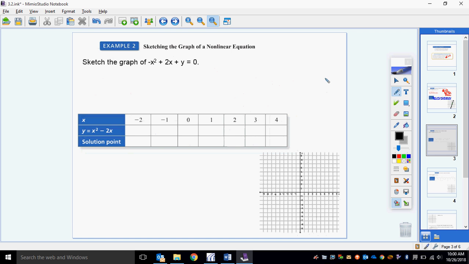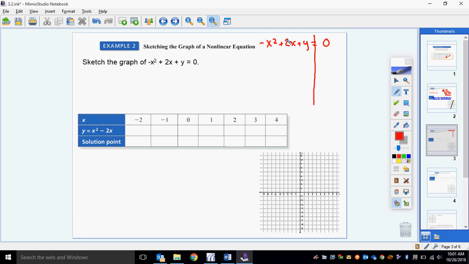Okay, this time I have negative x squared plus 2x plus y equals 0. Well, I can solve for a variable if I'd like to follow those steps. So typically we like to solve for y. If I'm going to solve for y here, there's two things bothering it, right?